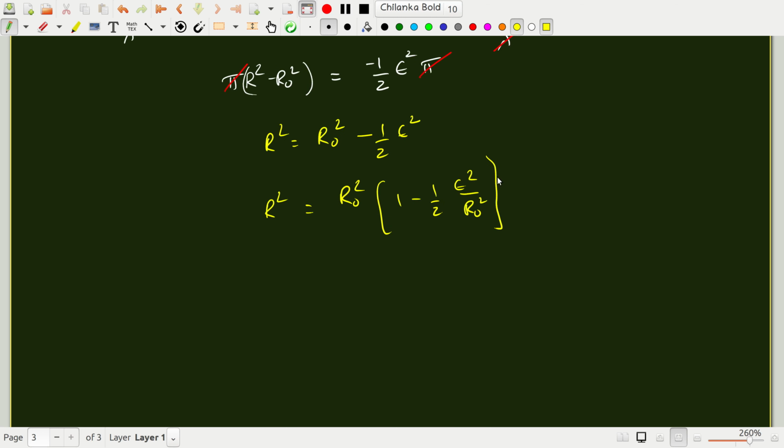Now this is small, so let's just do this. I'll take the square root.